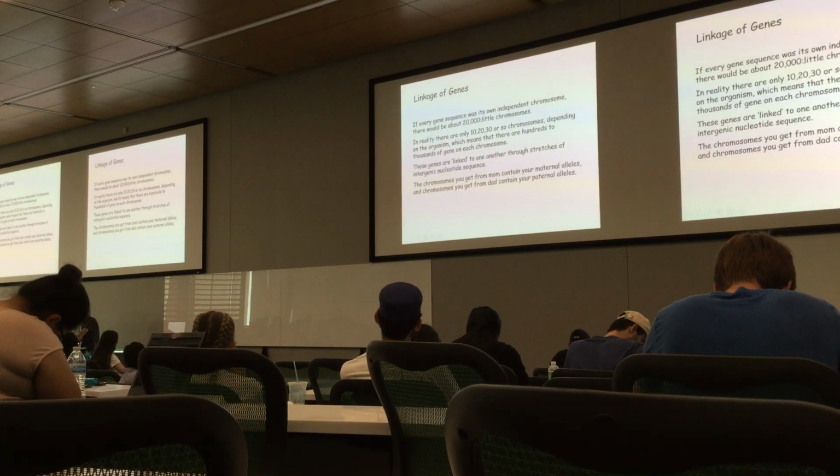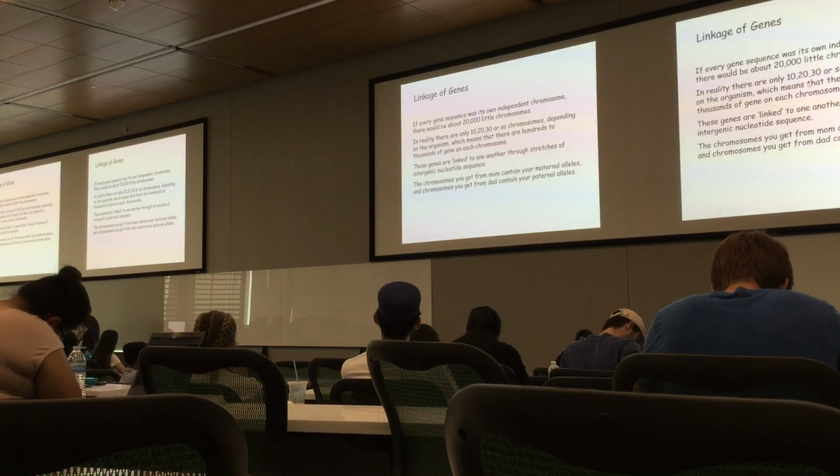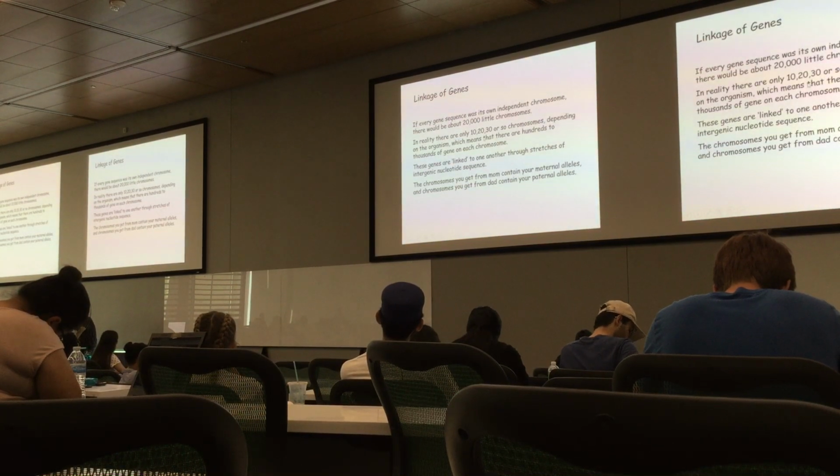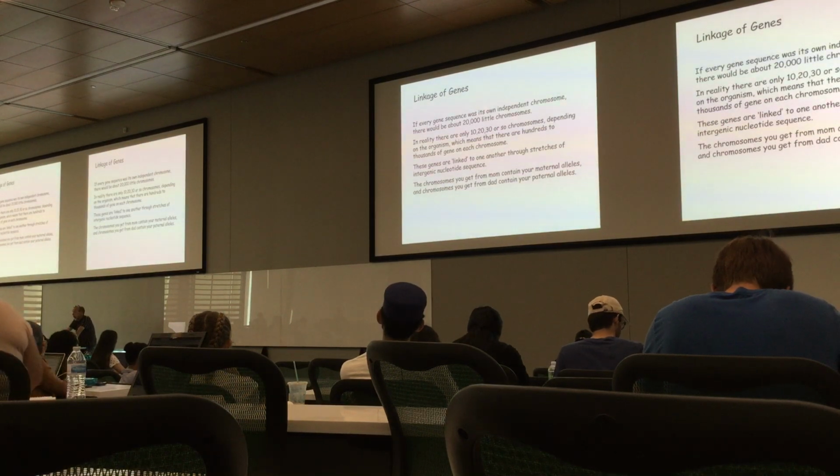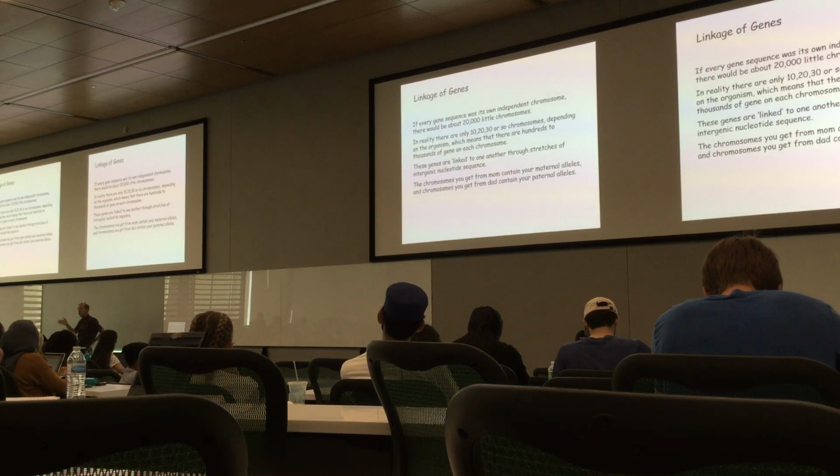That turns out not to be the case, but that's one kind of extreme example. In reality, there's a number of chromosomes, and all the genes have to be stuffed into those chromosomes, right? And that's going to vary from organism to organism depending on how many chromosomes they have, and so forth, but it means that chromosomes have genes that are linked along the length of the chromosomes, hundreds of them or thousands of them.